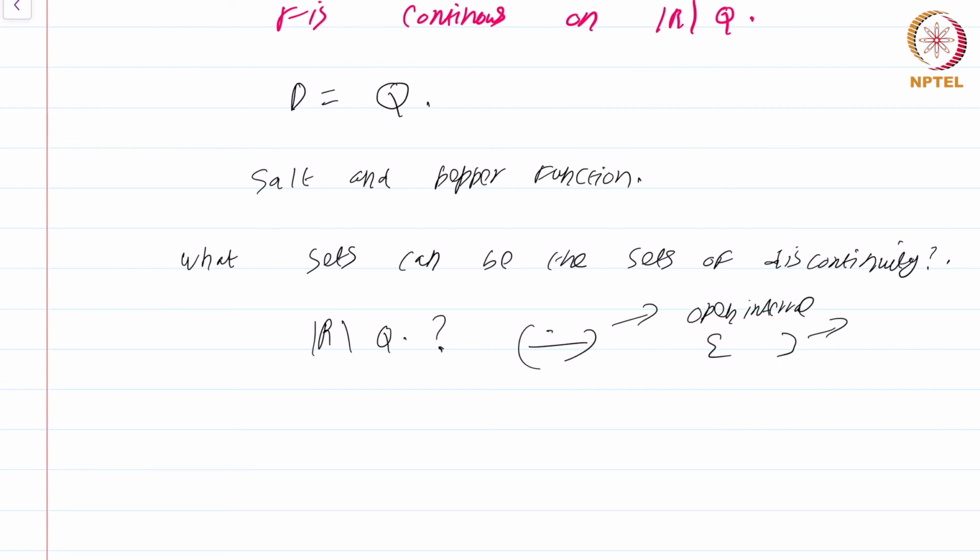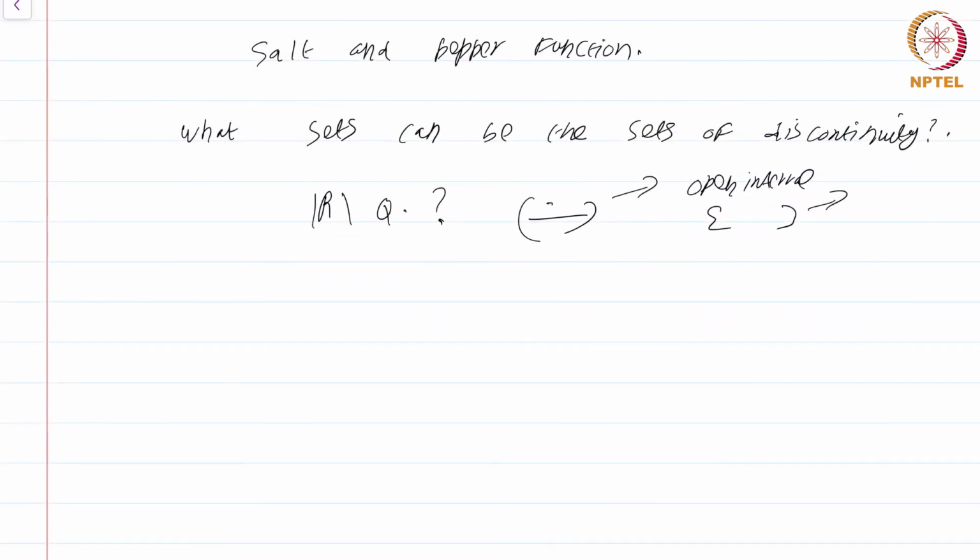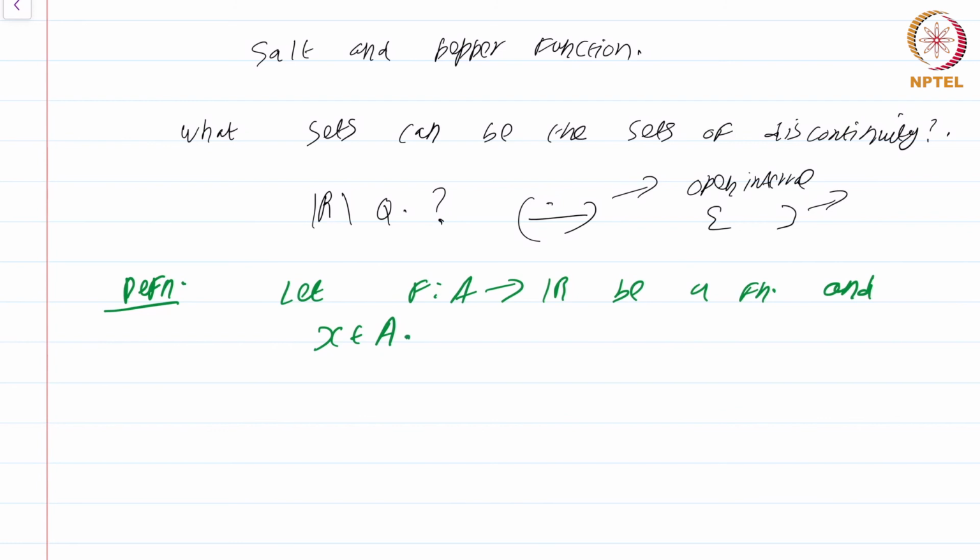But before that, let us give a definition that allows us to study discontinuities in the first place. Definition. Let f from A to R be a function and x be an element of A. We want to see what happens if f is not continuous at the point x. We want to somehow quantify the discontinuity.